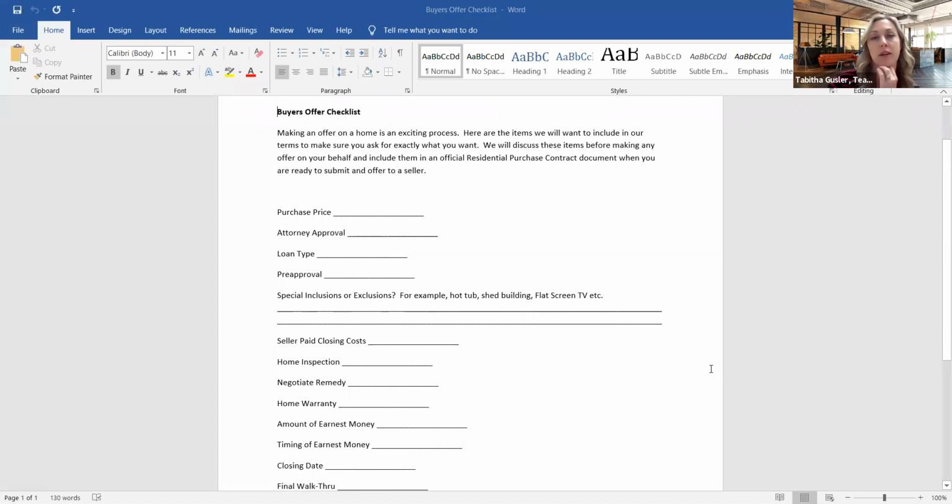I give my buyers 2 or 3 copies of this paper at the buyer consultation, or if you don't do a formal buyer consultation, I give this to them along with a blank copy of the purchase contract as soon as I feel them starting to get serious, and always at least a few days before I anticipate them making their first offer.